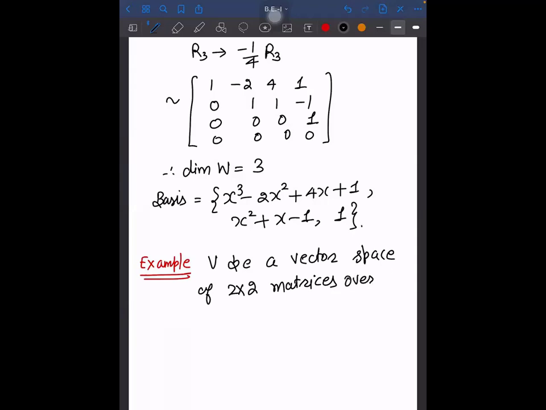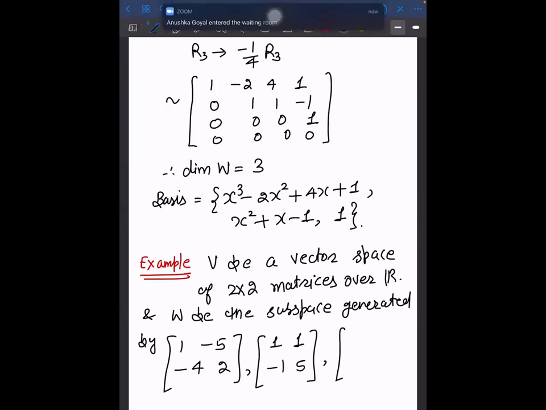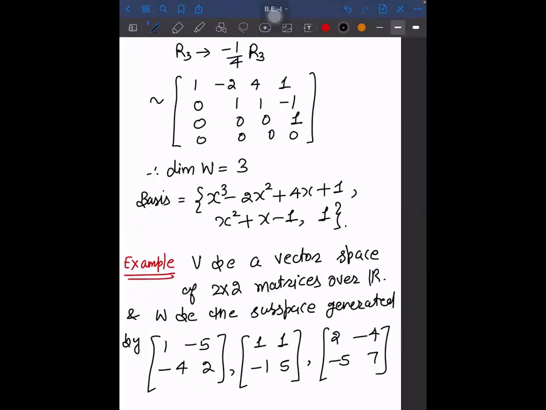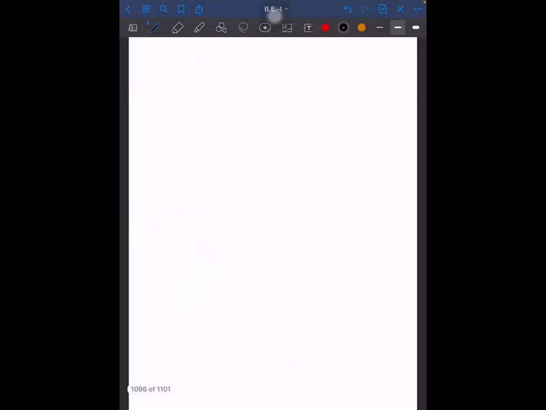And W be the subspace generated by these matrices: 1, -5, -4, 2; 1, 1, -1, 5; 2, -4, -5, 7; and the last one is 1, -7, -5, 1.